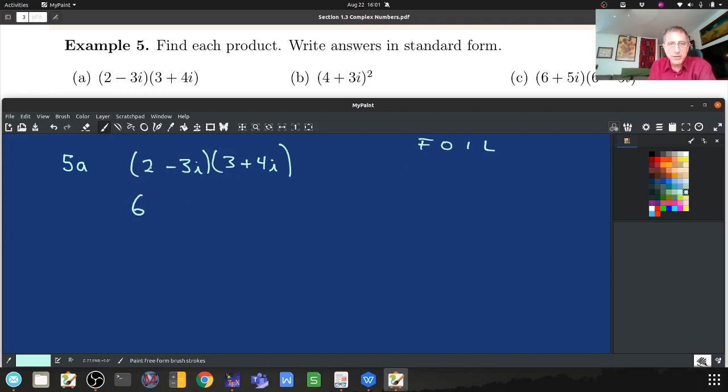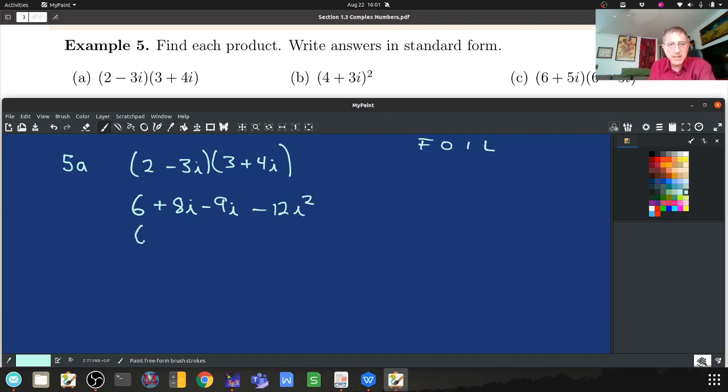The outer terms: 2 times 4i is 8i. The inner terms: minus 3i times 3 is minus 9i. And the last terms: minus 3i times 4i is minus 12i squared.